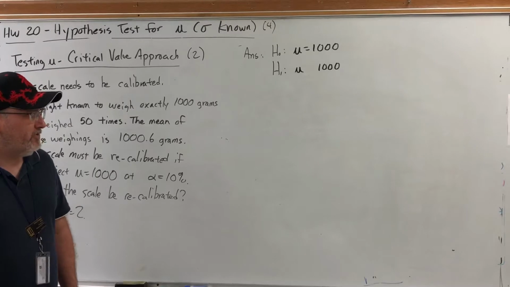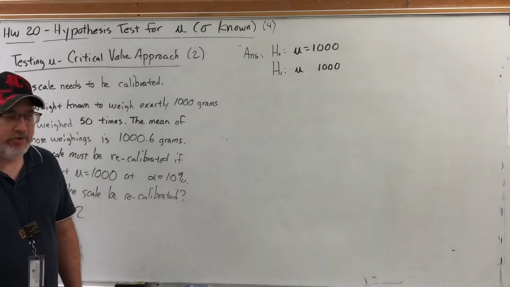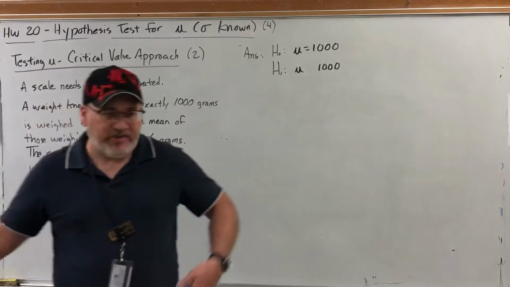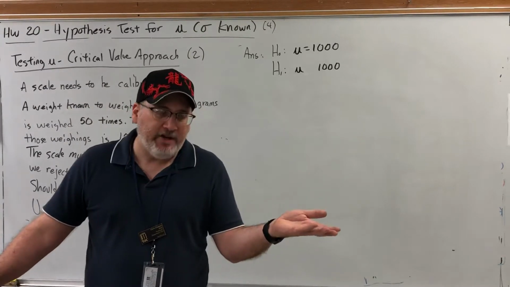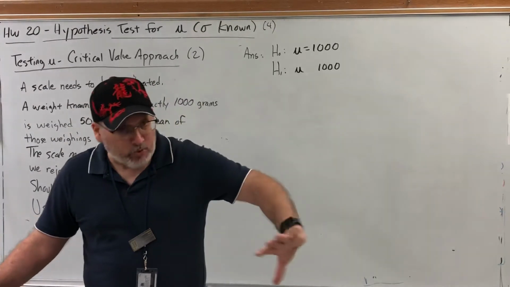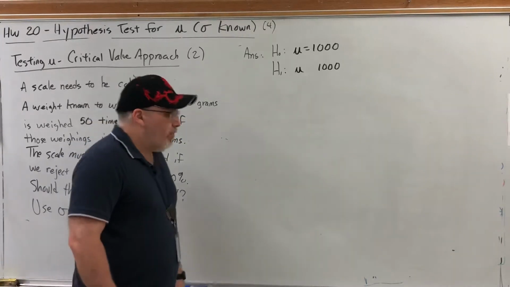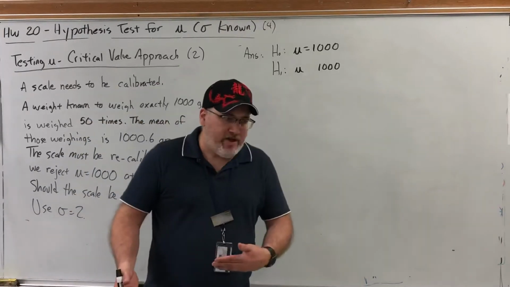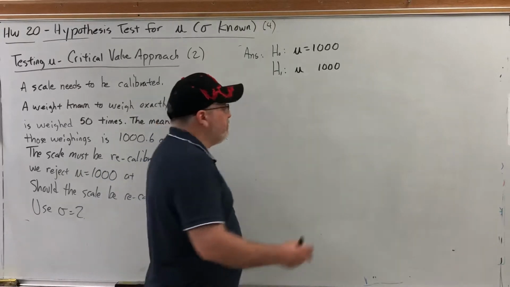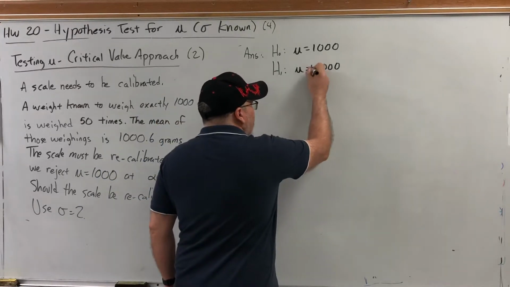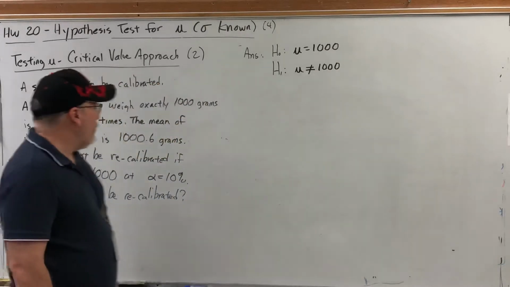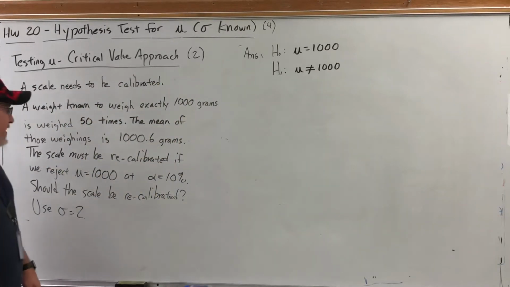The best alternative hypothesis should say not equal to, because if the scale is weighing things too heavy, it needs to be recalibrated, and at the same time, if it's weighing things too light, it needs to be recalibrated. In other words, whether it's overweighing or underweighing is bad. So we need to test that the mean is not 1,000 when we weigh this 1,000 gram weight 50 times.